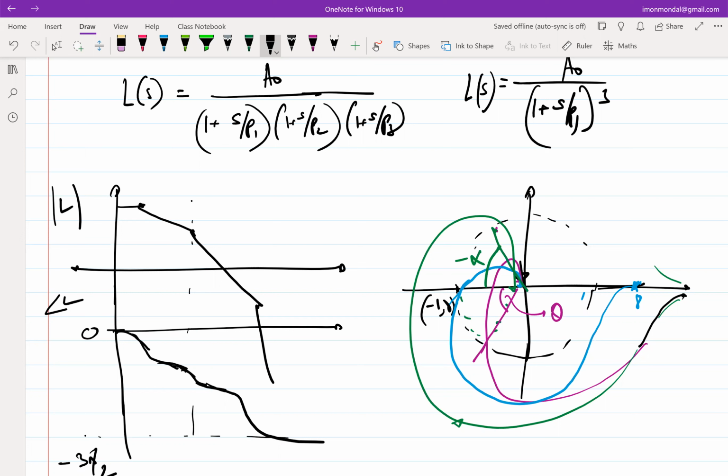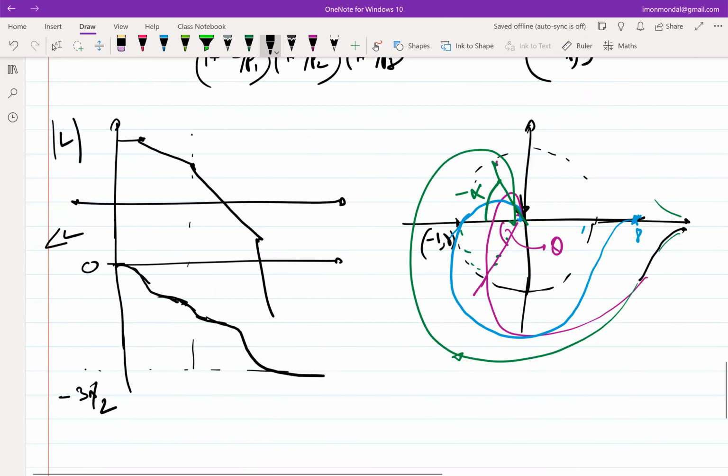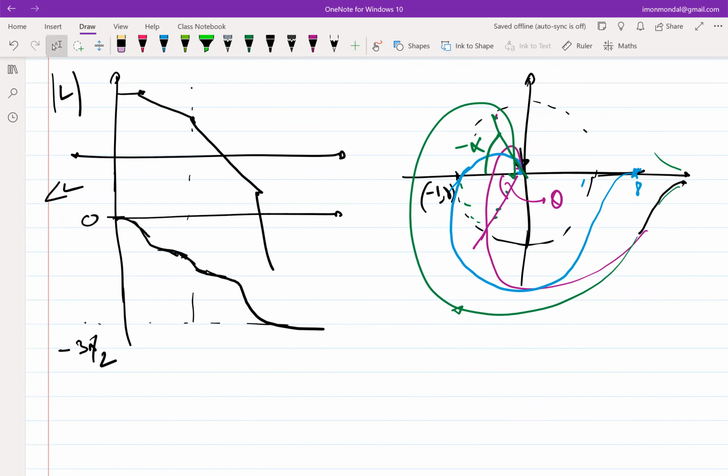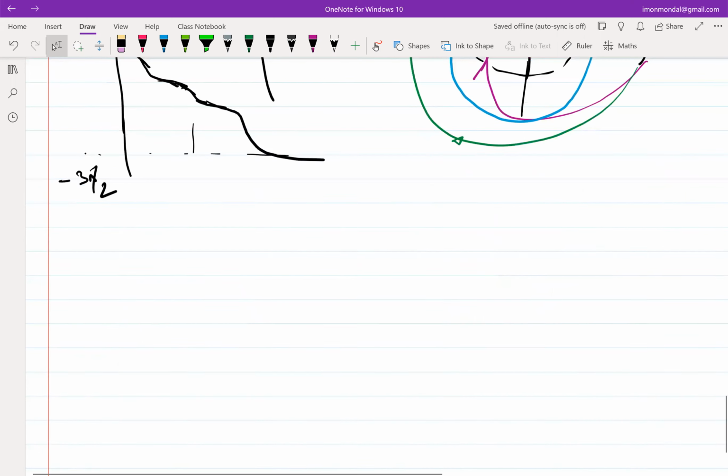Clearly, the -1, 0 point and the unit circle is the place where all the action is happening. So we have to keep a close eye on what is happening around the UGB, because when you are cutting the unit circle, you are hitting the UGB of the loop.